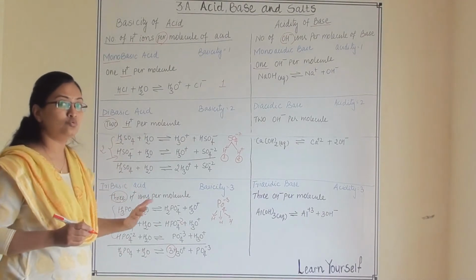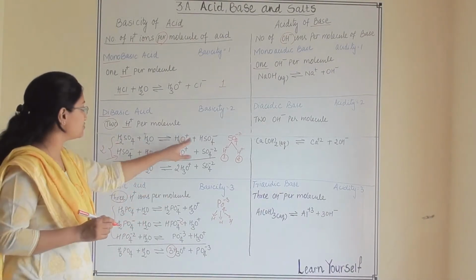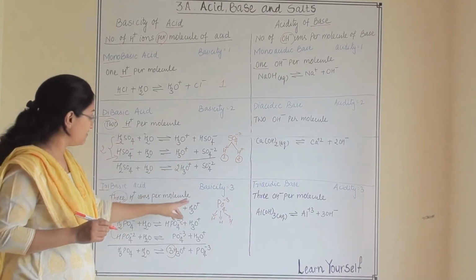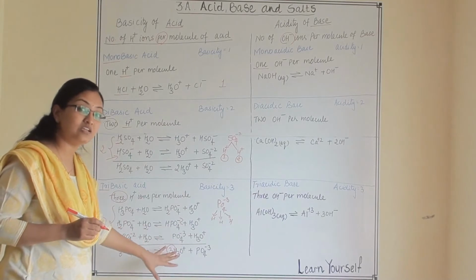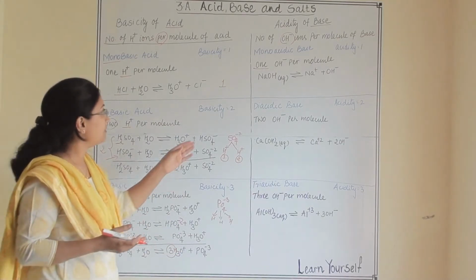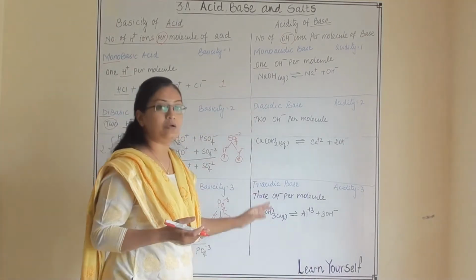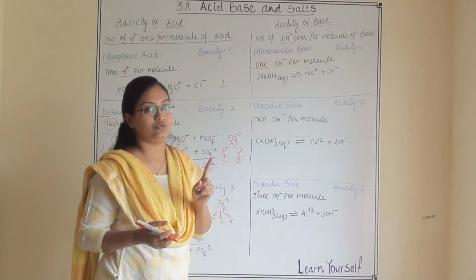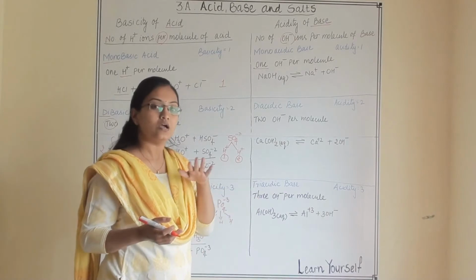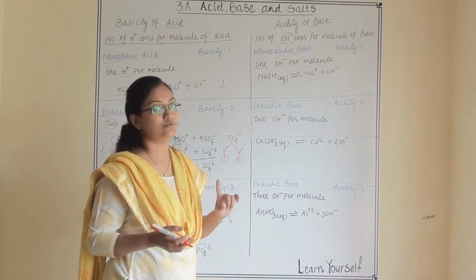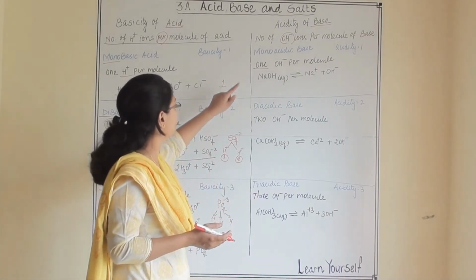If there are 2 replaceable H plus, it dissociates in 2 steps. When there are 3 replaceable hydronium ions, it requires 3 steps to dissociate. But a base requires only 1 step to dissociate. Within 1 step, the whole 2 or 3 hydroxyl ions will be dissociated. This point you need to remember.